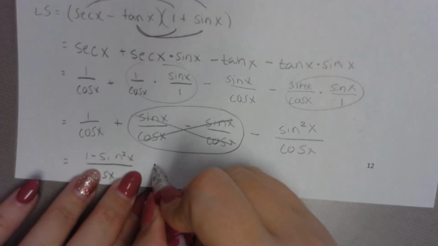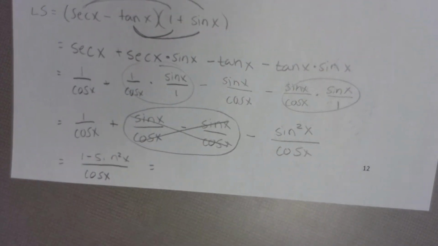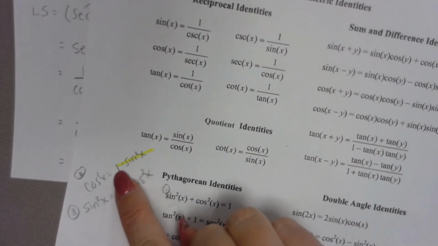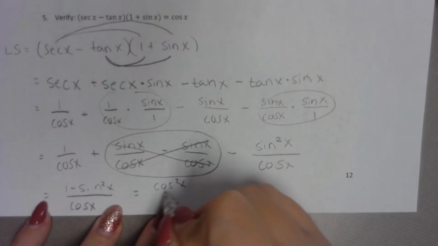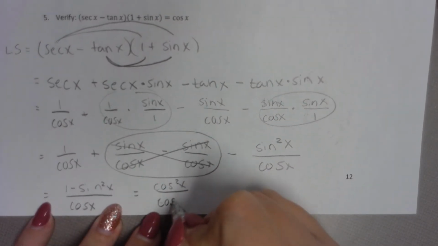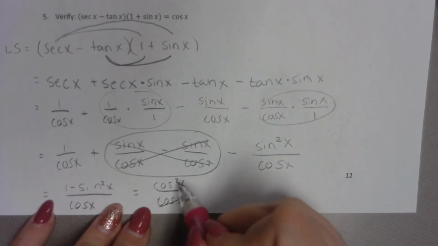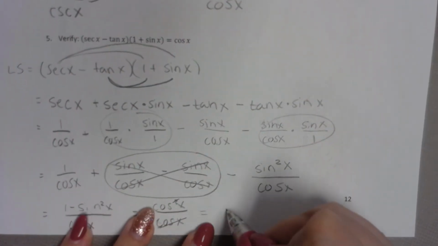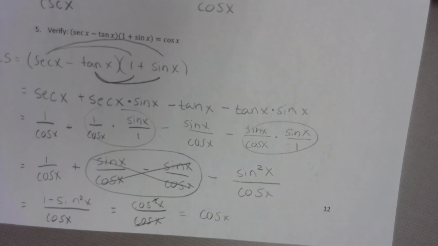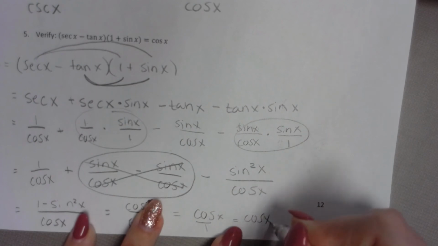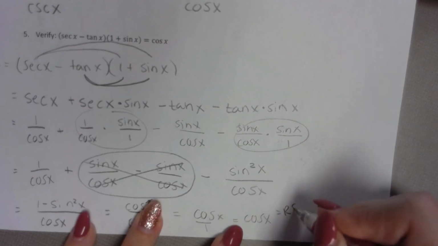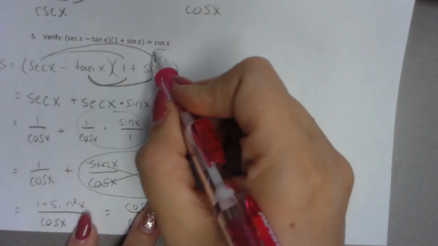Now remember, I told you whenever we see a sine squared, we should look over here. 1 minus sine squared is cosine squared. So 1 minus sine squared, I could change that to cosine squared over cosine. The cosine and the squared could cancel. We have one more cosine on the top than we did on the bottom. So that leaves us with just cosine, or cosine over 1, which is just cosine of x, which is the right side. So we're done.